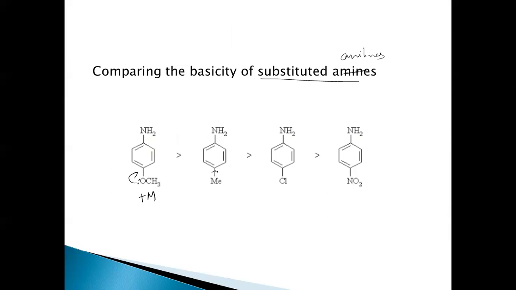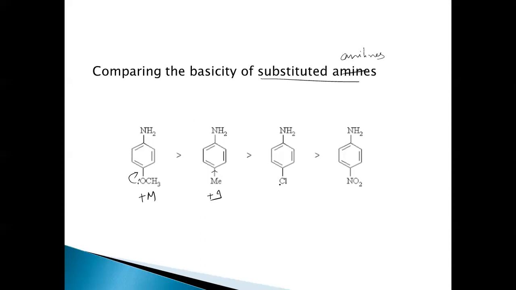Yes, CH3 is also donating the electrons into the ring by means of plus I effect. So mesomeric effect is stronger than the inductive effect. So OCH3 substituted aniline is more basic than methyl substituted ones.